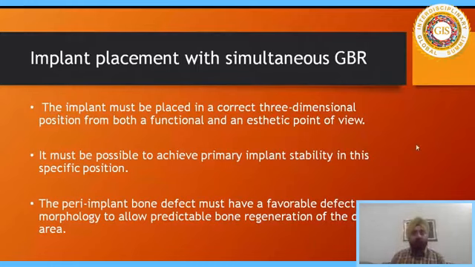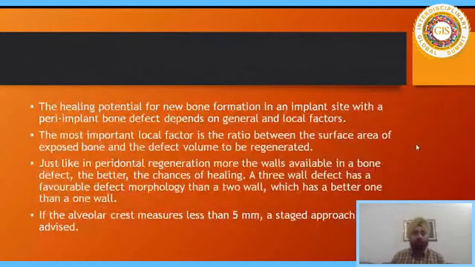The healing potential for new bone formation in an implant site with a peri-implant bone defect depends on general and local factors. The most important local factor is the ratio between the surface area of exposed bone and the defect volume to be regenerated. Just like in periodontal regeneration, my periodontist friends will understand.